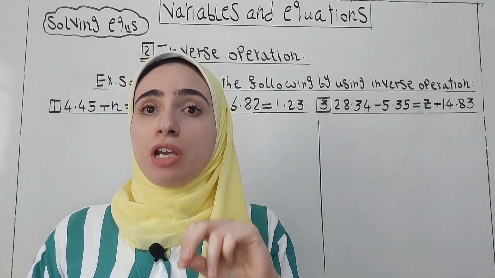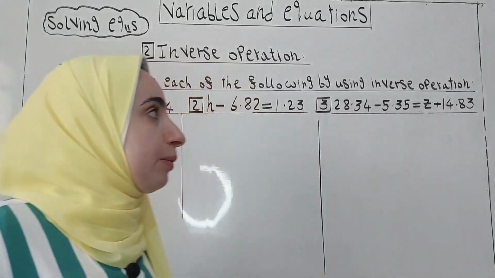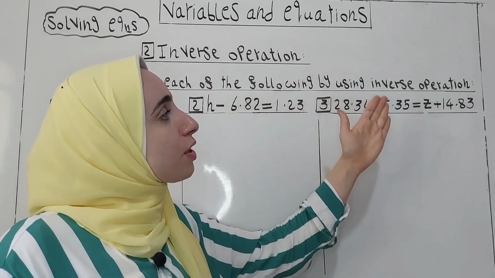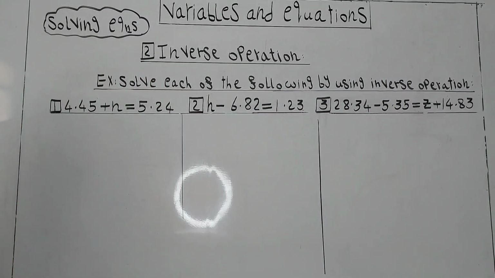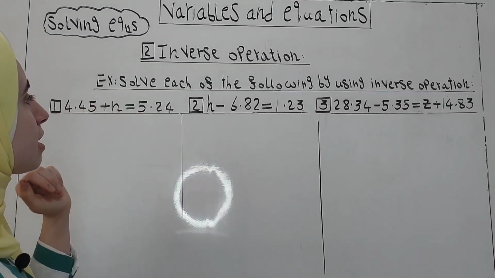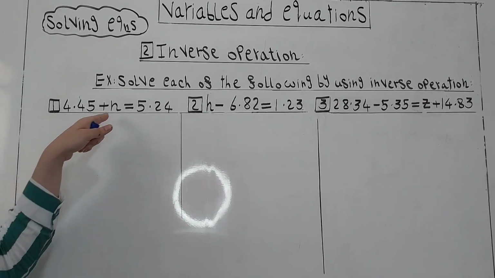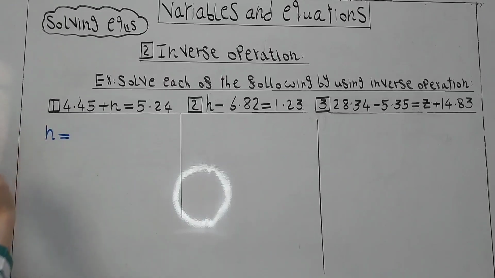To solve equations by using this strategy, let's take an example. Solve each of the following by using inverse operations. Number 1, 4.45 plus n equals 5.24. Now we need to solve for n. So we write the variable n as it is.